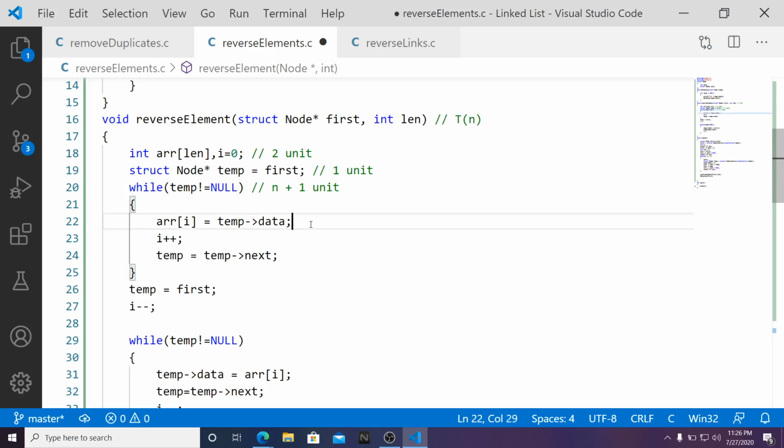Body part, first line. So n plus 1 times this condition is checked, n times successful, and 1 time for checking null, which is unsuccessful, so we will not enter inside. So only for n times we will enter the body.